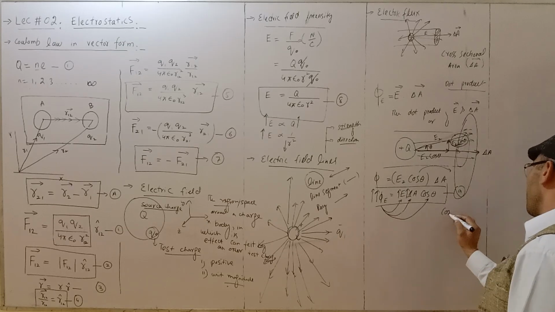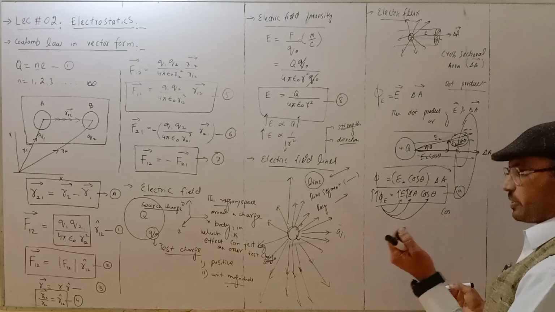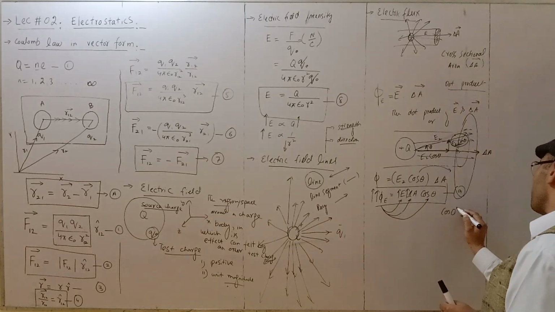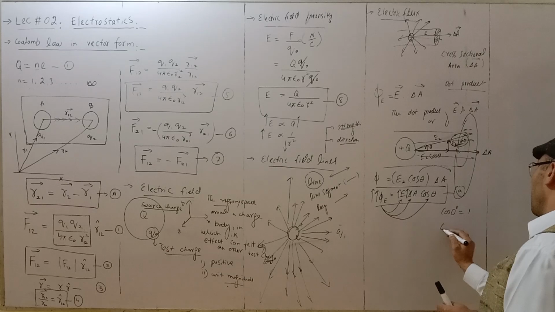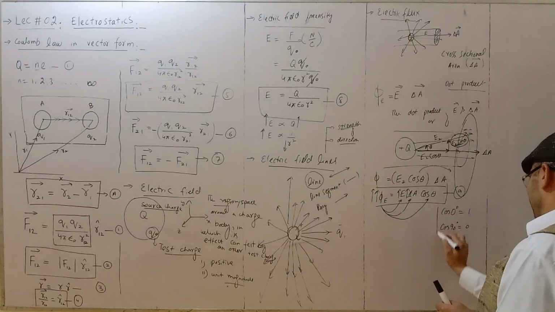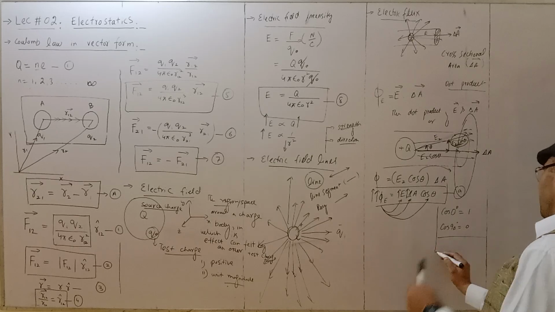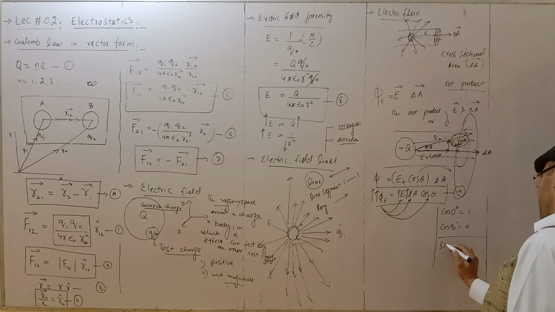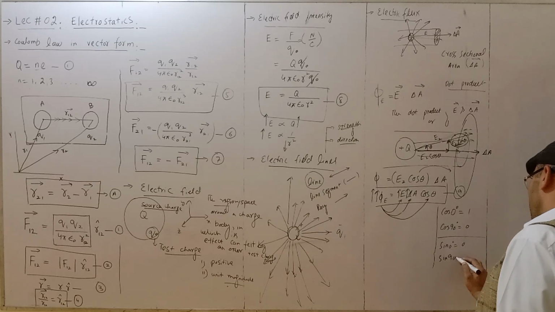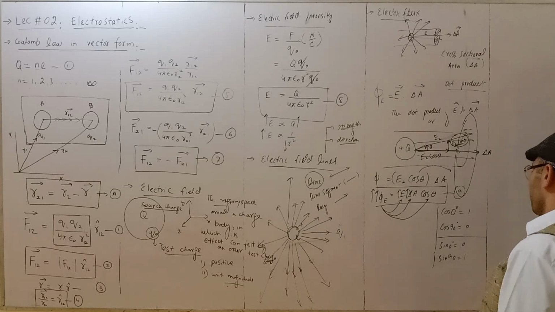Inshallah, I will make one special lecture on Sunday about why cos 0 is 1 and cos 90 is 0, and also about other trigonometric ratios, just like sine 0 is 0 and sine 90 is equal to 1.